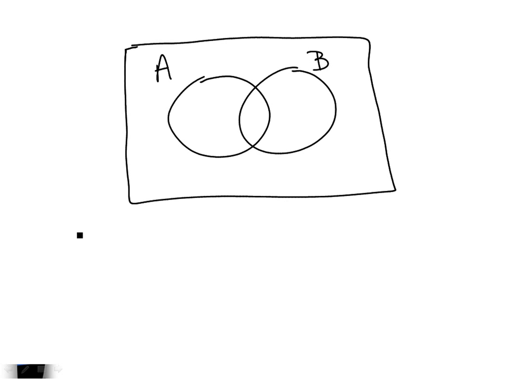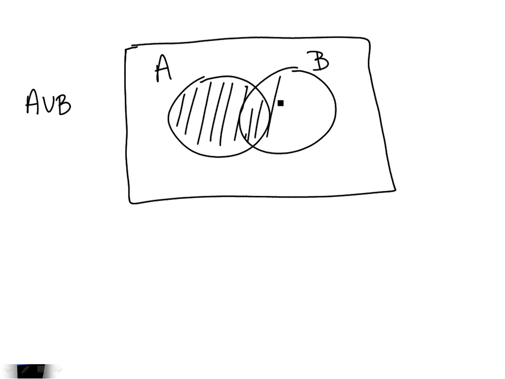So what is A union B? A union B, again, and I'm just reviewing, is everything inside of A and B. So everything inside here is the union.